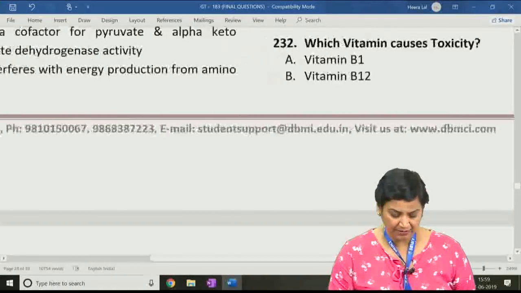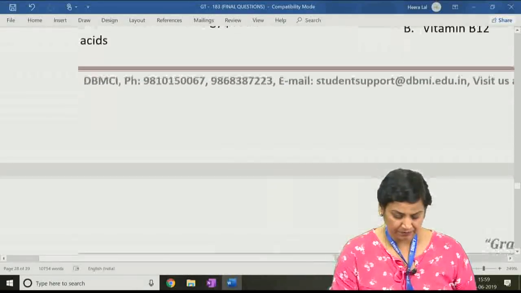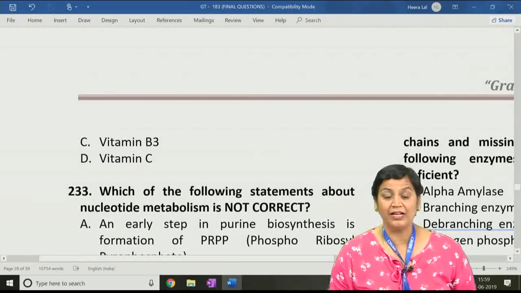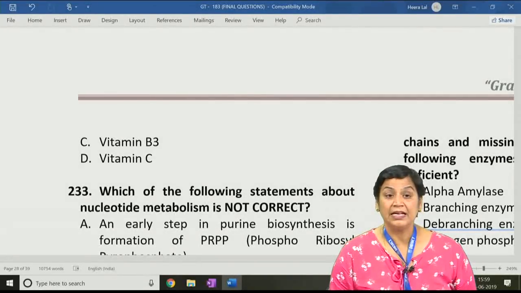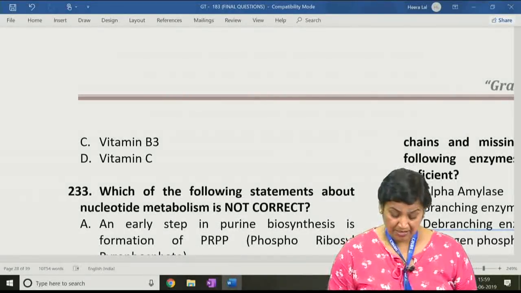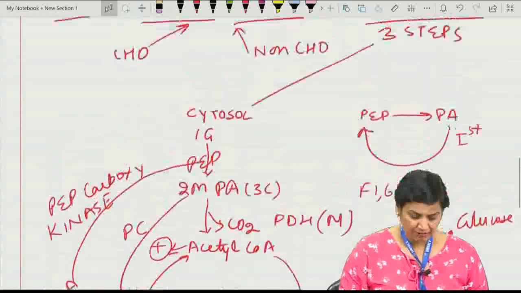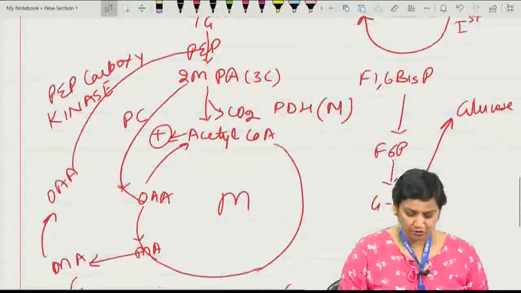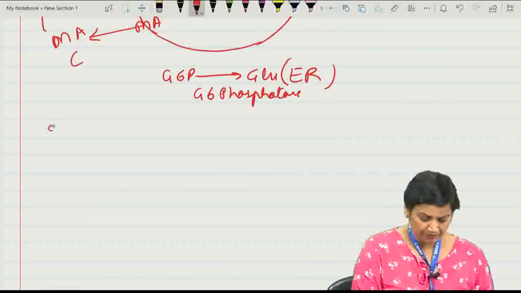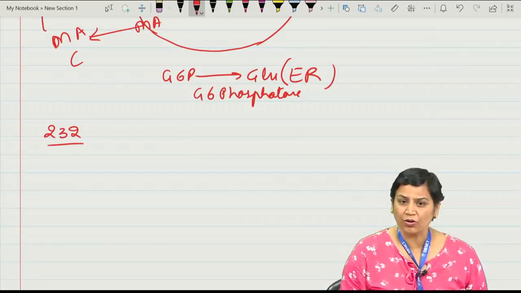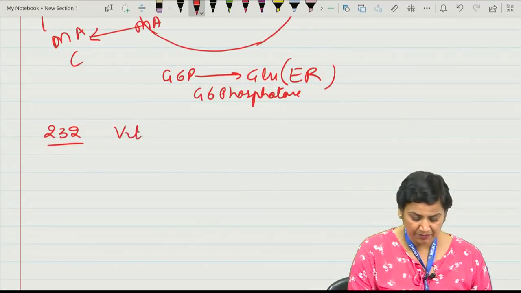Vitamin B1, vitamin B2, vitamin B3 and vitamin C. Now out of these 4 vitamins, the vitamin which can cause toxicity is niacin, which is vitamin B3. This is question number 232. The vitamin responsible for causing toxicity is vitamin B3.